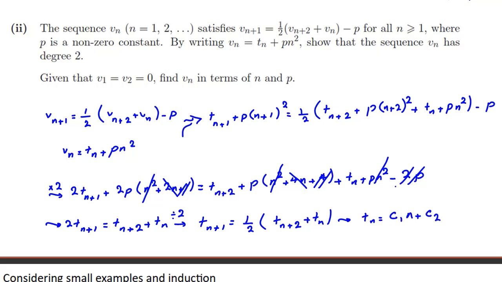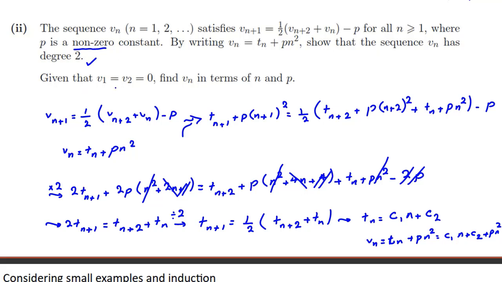And we know Vn equals Tn plus Pn squared, so it is C1 n plus C2 plus Pn squared. So it is degree 2. Why? Because the leading coefficient P is a non-zero constant. So we proved the first part.